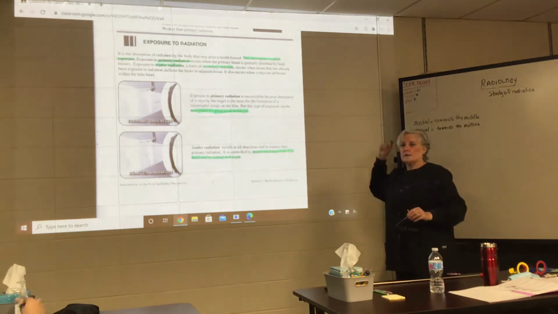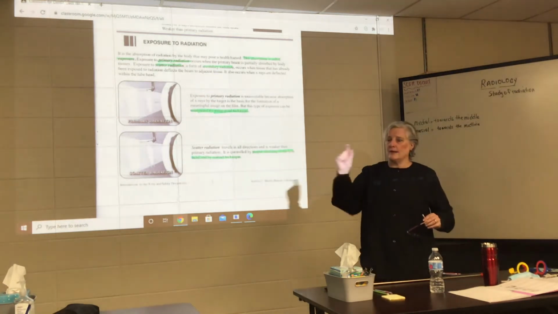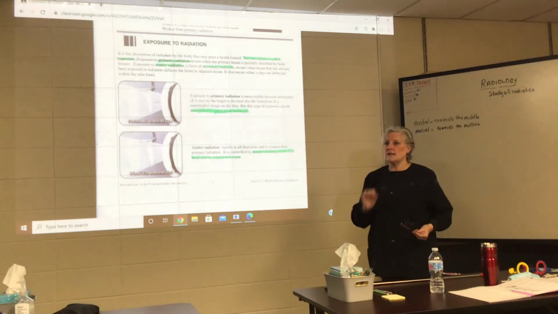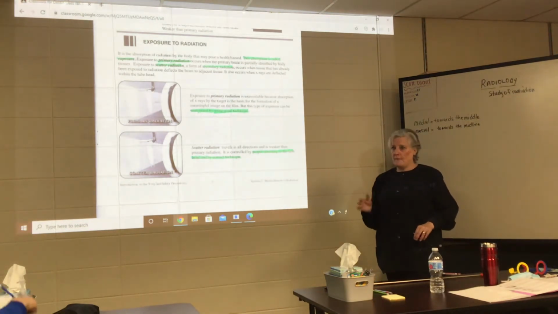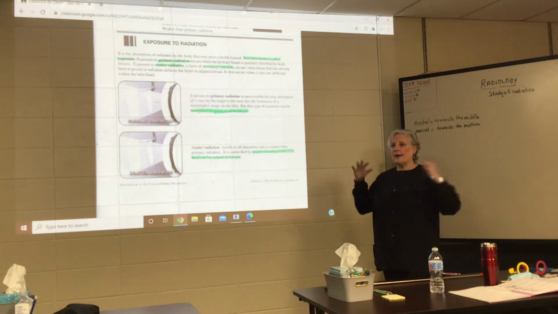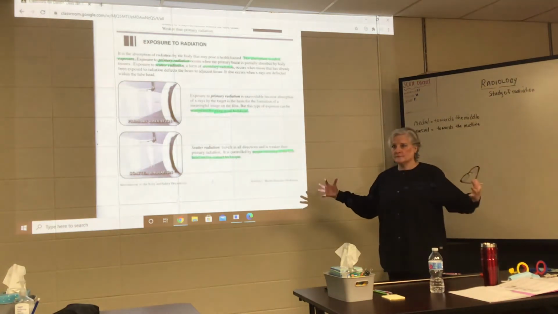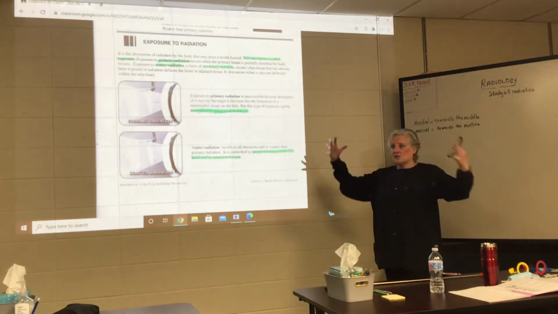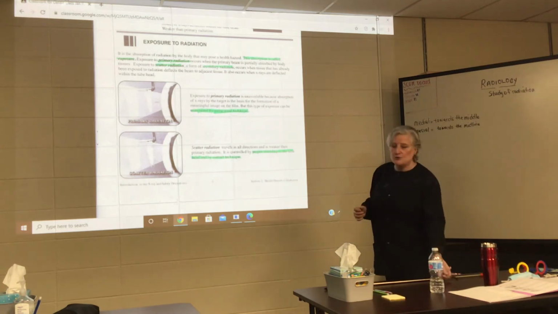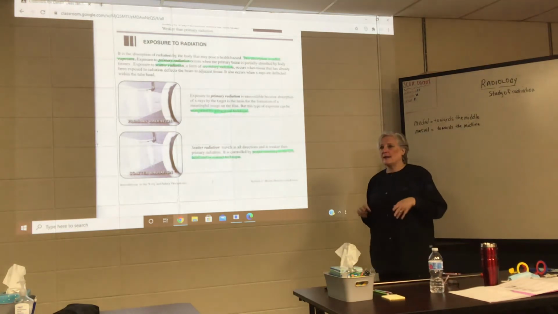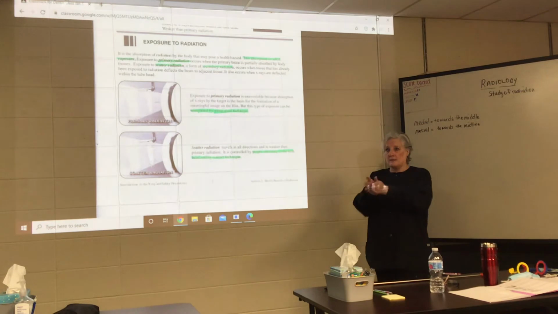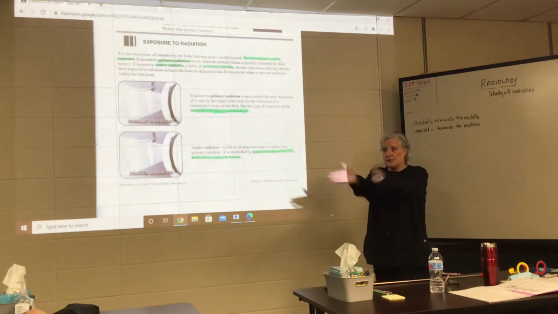Primary is what comes out the tube, and that's what we want. That's the desired beam. Scatter is the extra radiation, and you do have a certain amount of scatter radiation when you're taking an X-ray that comes from the PID, because it's gonna diverge.